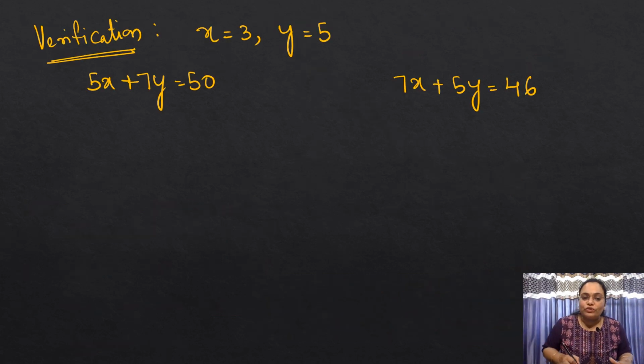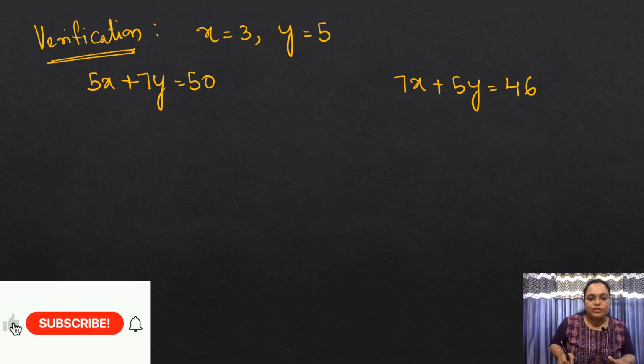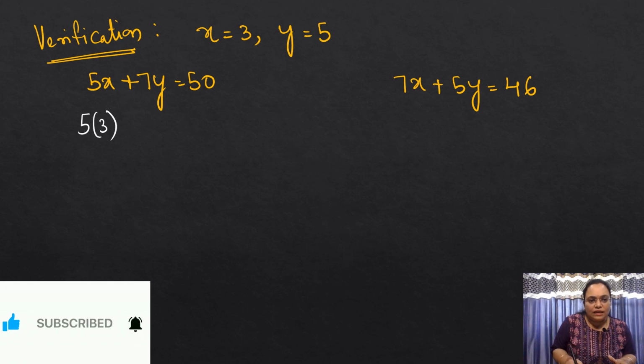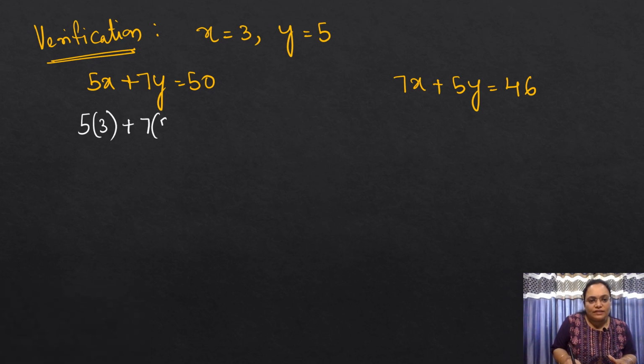So how do you do the verification? We will substitute the values of x and y in the pair of linear equations so that it satisfies the equations on both the sides. So let us substitute. 5 of x is 3 plus 7 of y is 5 is equal to 50. 5 3s are 15 plus 7 5s are 35 is equal to 50.